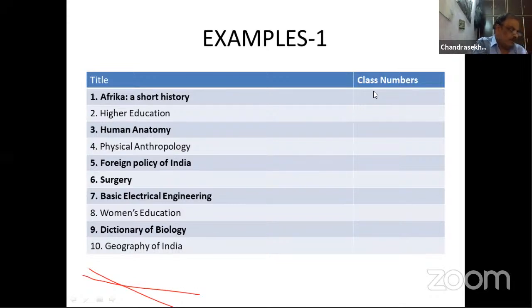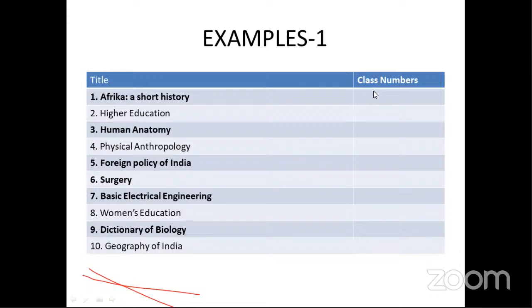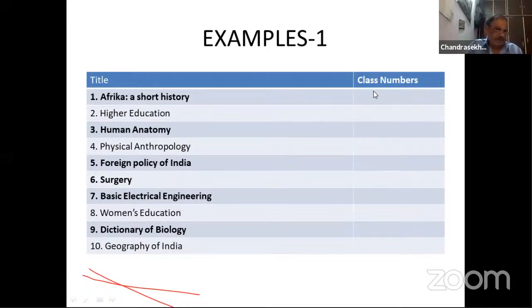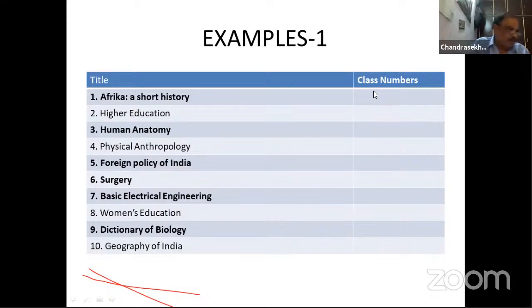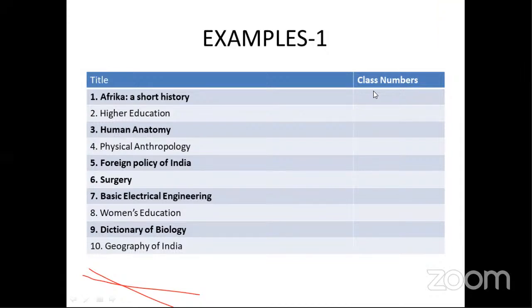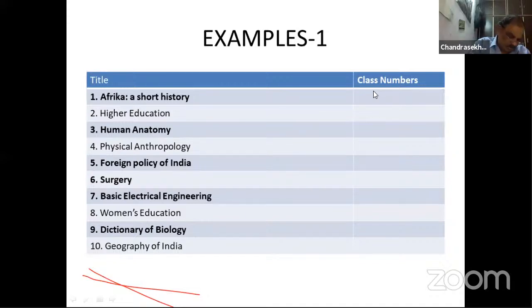In such cases, what you have to do is go to the index part. So index part under women. Others, please mute. Women education, women's education, women's basketball.